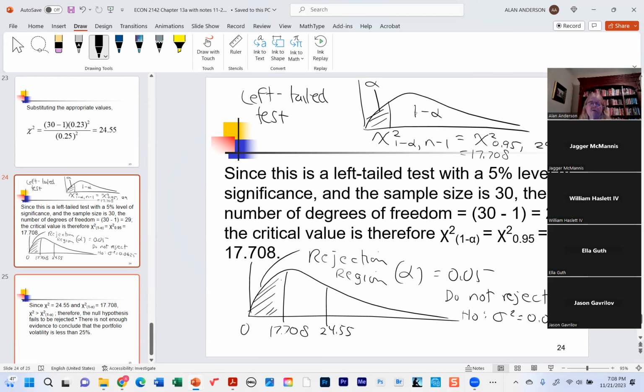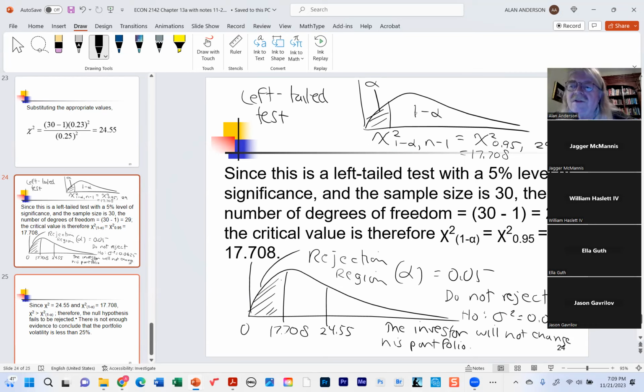And that's it. So what that means is that the investor will not change his portfolio, because there's no evidence to suggest that the variance is below 0.0625, or the equivalent of saying that the standard deviation is not below 0.25.